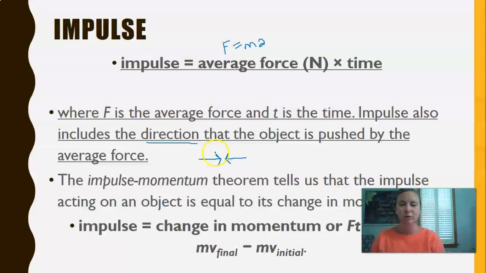So that's what this impulse is saying. The impulse-momentum theorem tells us that the impulse acting on an object is equal to the change in momentum, and that change is what we're going to be focusing on. How does that change? What does that look like? We're going to look at a couple of simulations to help develop our ideas behind this. Hopefully that was helpful, and let's go to our next portion where we're going to look at the simulations.